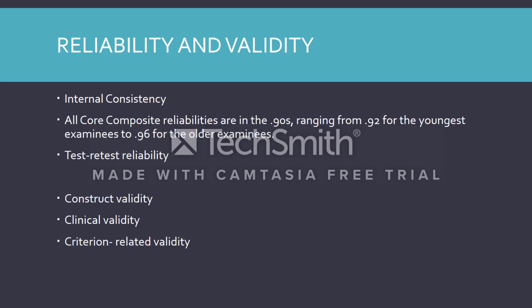And then for validity, they use construct validity, where they look at the development of scores, subtests, and the indexes and how they are valid together, the clinical validity, and the criterion-related validity. That was to ensure that they were all valid when compared to other language assessments, and that they were accurately measuring the difference between the clinical group and the normative group.